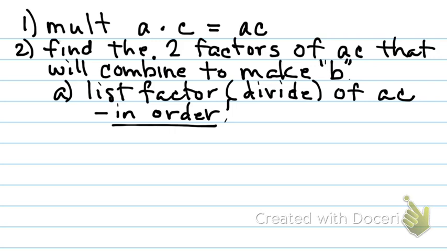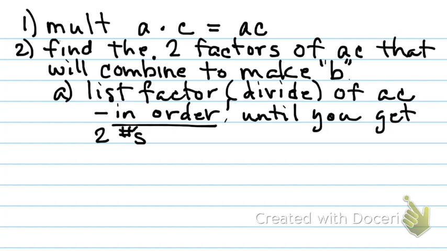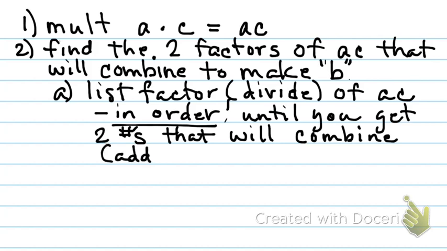So list the factors of AC until you get two numbers, because remember these factors of AC are just going to be numbers, two numbers that will combine, which means either add or what?